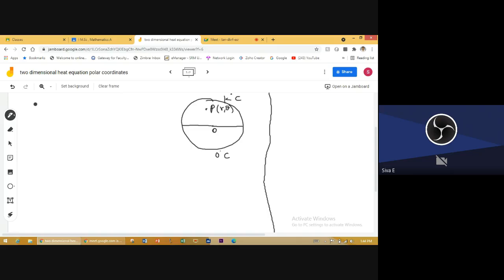So what is the problem here? The bounding diameter which bisects the plate into two equal parts may be taken as initial line. So it is the initial line. Initial line is what here? X-axis. X-axis is the initial line.